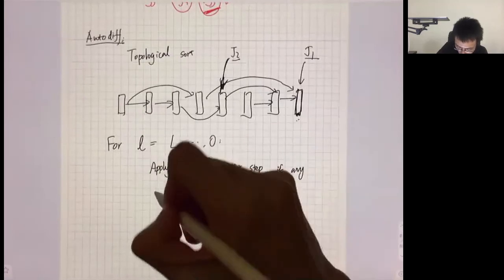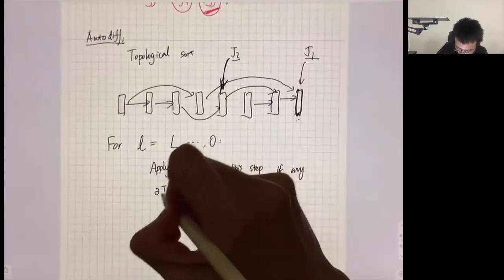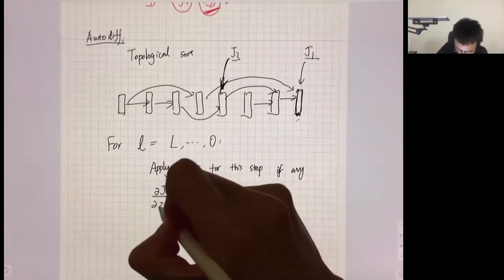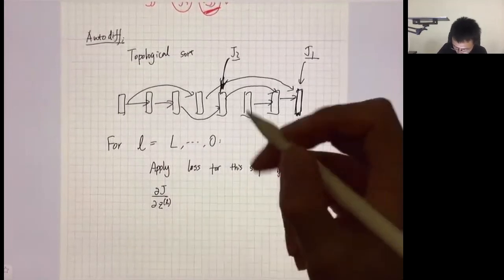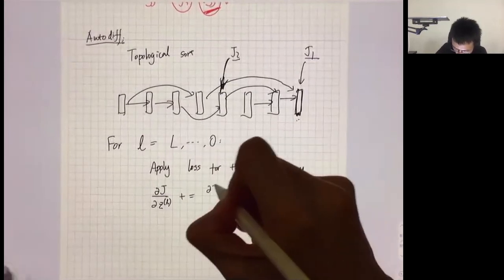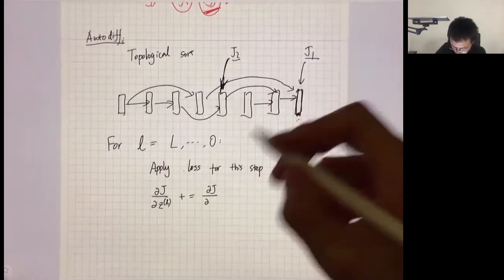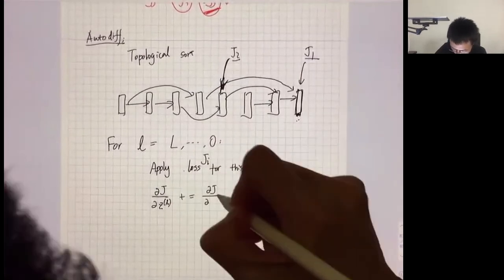It should be the partial derivative of J with respect to the Z for this layer, plus equals the partial derivative of J with respect to the local loss Ji, for example, okay?